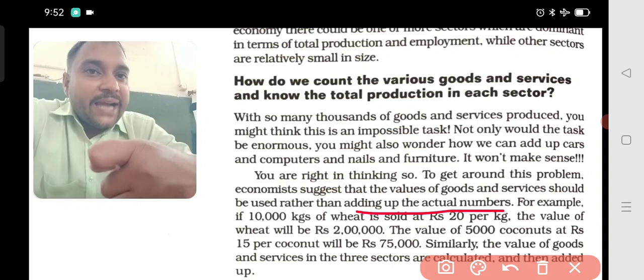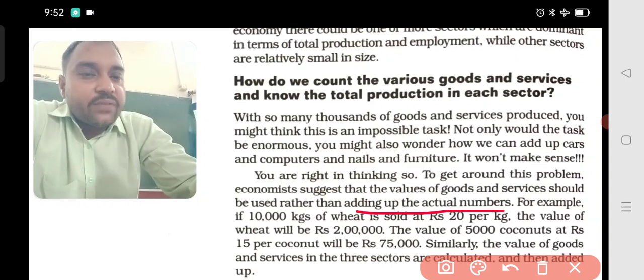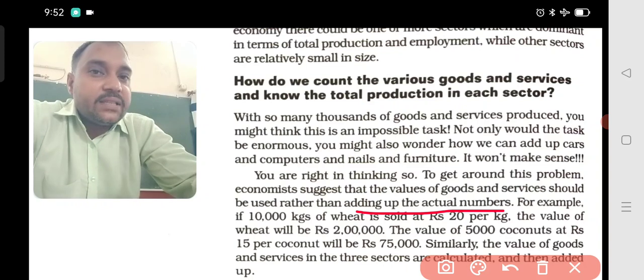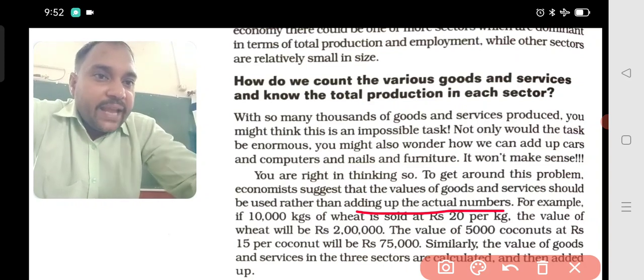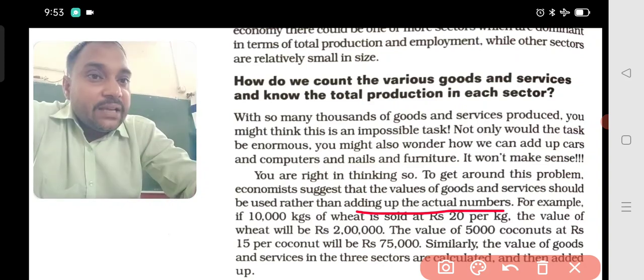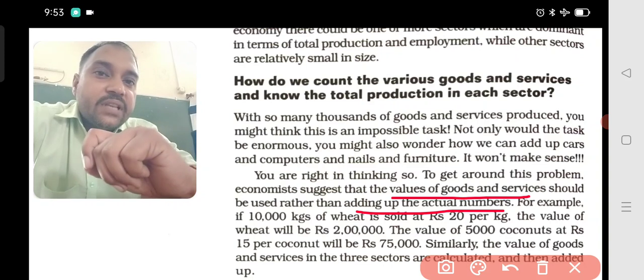We do not add that we produce 5 kgs of sugar, 1 bag, 2 fans. We can't take the production of the total economy in numbers. How do we take this? We take the total production of the economy in the value of goods and services that we produce.